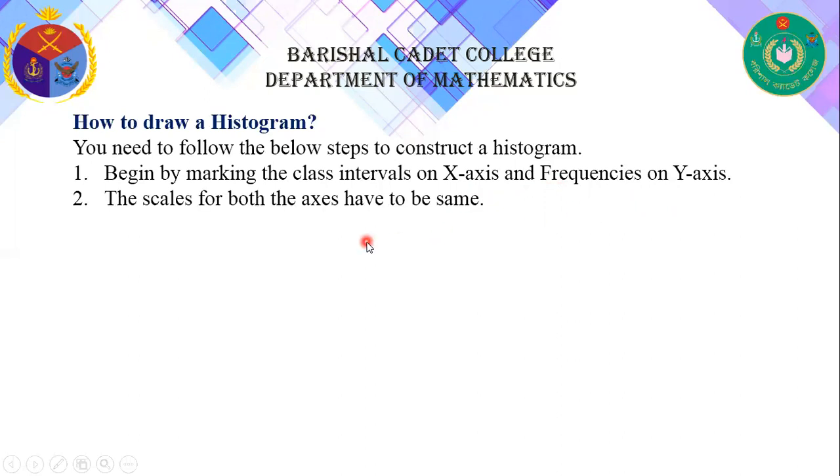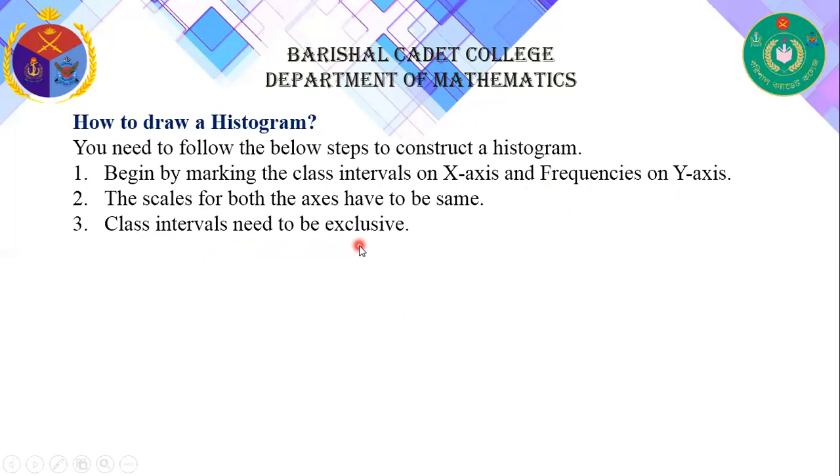Now number two, the scales for both the axes have to be the same. Scale means 1 square equal to 1 unit or 2 square equal to 2 unit, just like that. Number three, class intervals need to be exclusive.